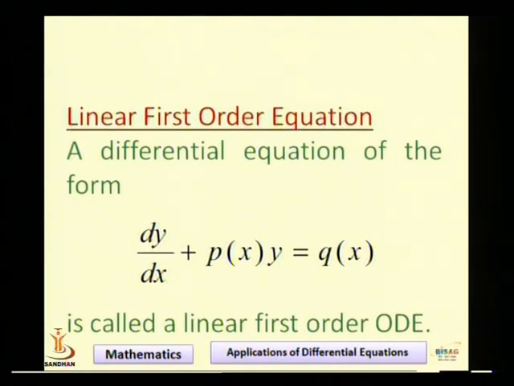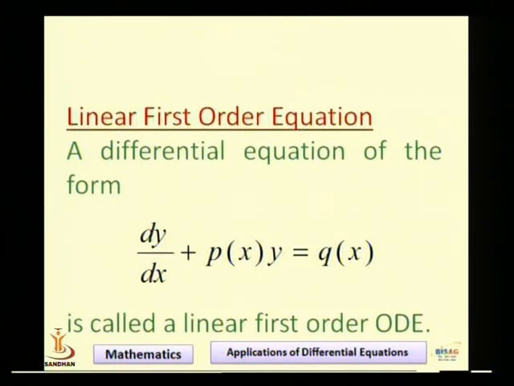There are different types of first order equation. In one type, that is called linear first order differential equation, that is very important. In many applications, many physical situations, you can translate it into a first order linear differential equation.